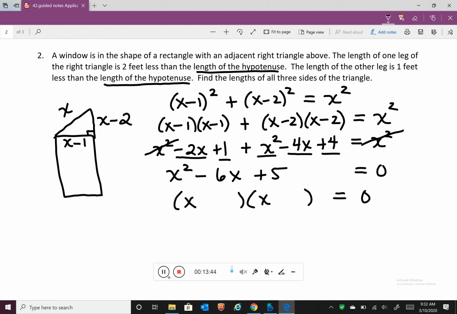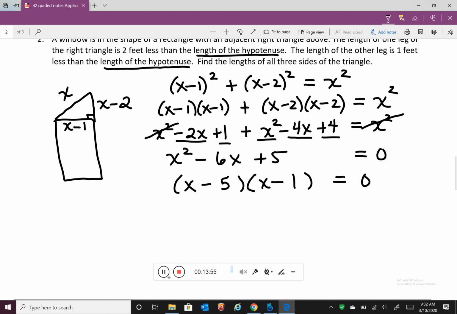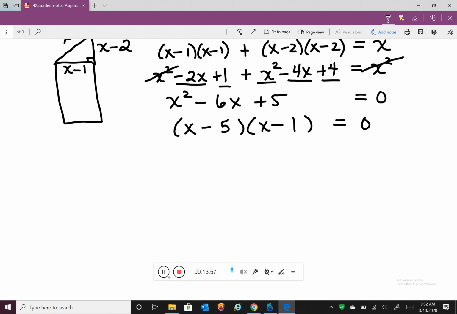This is going to give us (x - ...)(x - ...), and factors of 5 that add to be 6 are 5 and 1. So then setting each factor equal to 0, x - 5 = 0, which means x = 5.